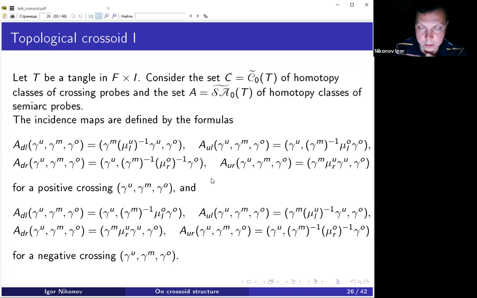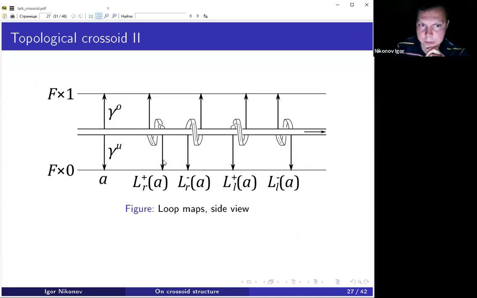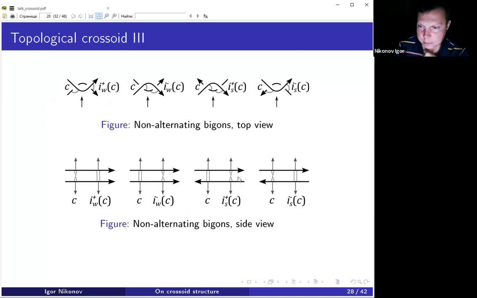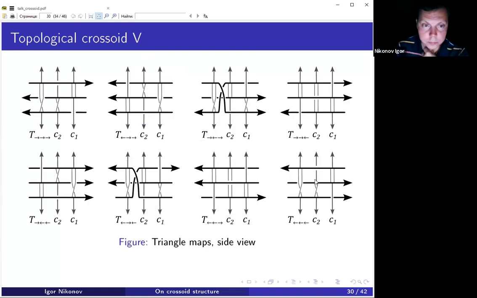So we define the incidence map, then we should define loop maps, bigon maps, and triangle maps. And we use this picture. It is a projection from the side view on our knot. So we have a knot, which is just a tubular neighborhood. We have top boundary, bottom, and in this case, we consider this path with the following framing, and this path will be the loop which corresponds to the arc. And then we define bigon maps somehow, also using the side views, and triangle maps.